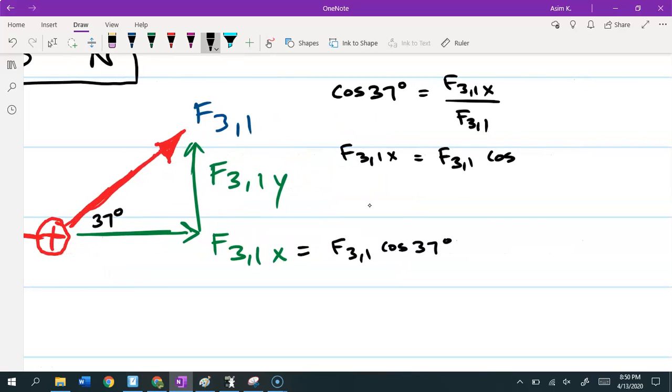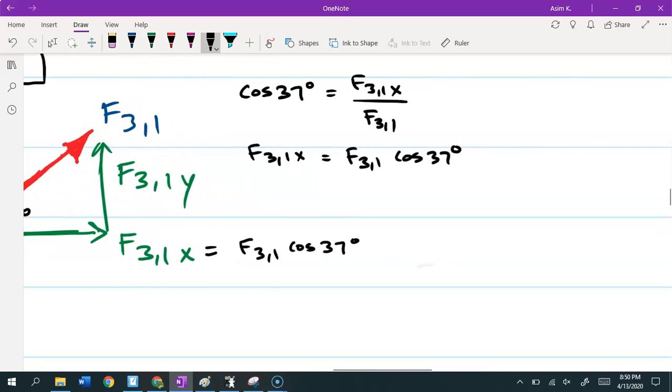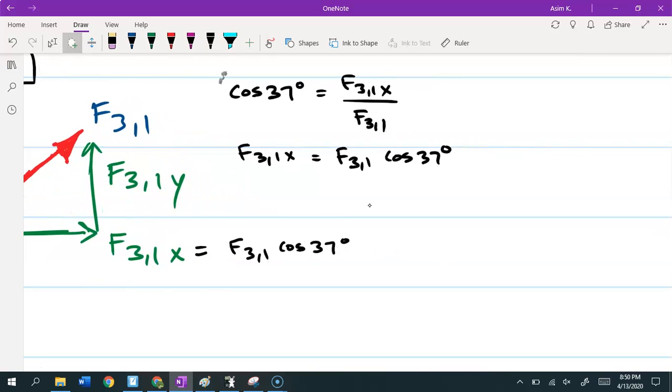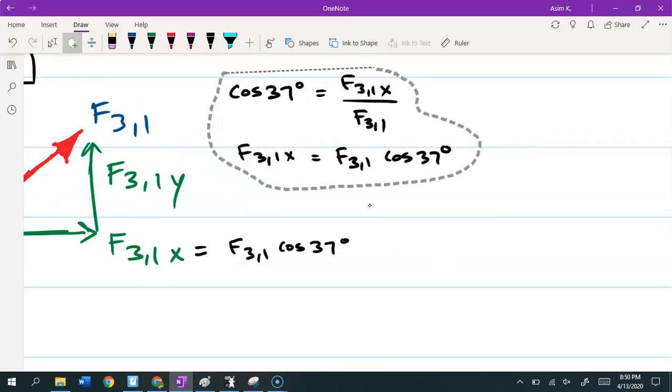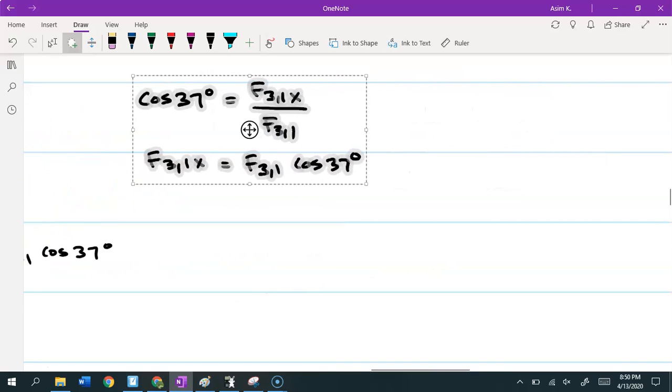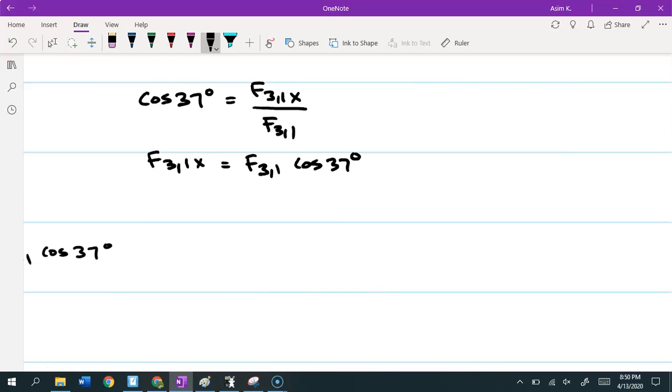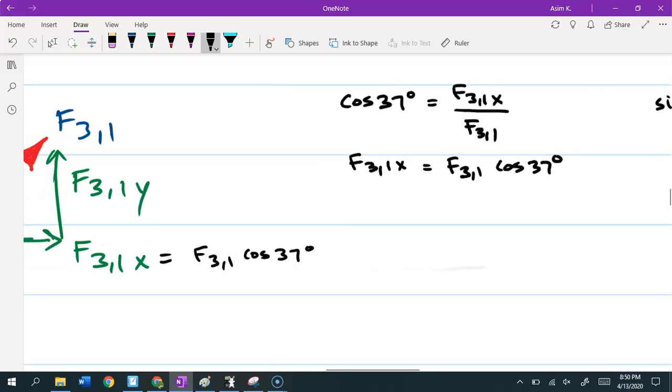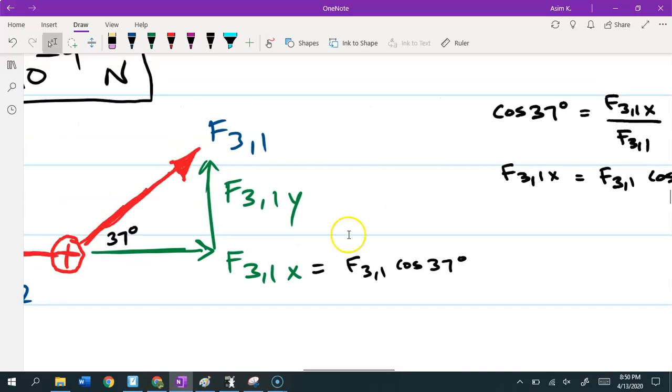And while we're here, we might as well discuss F31y. If you were to find the sine of 37 degrees, that would be the opposite side over the hypotenuse.